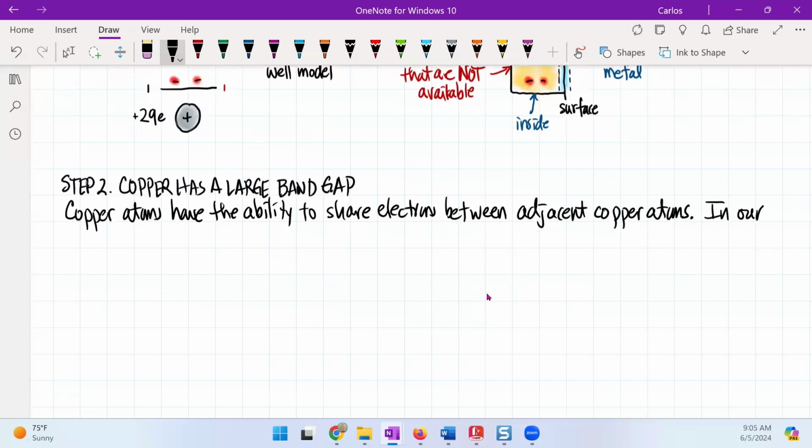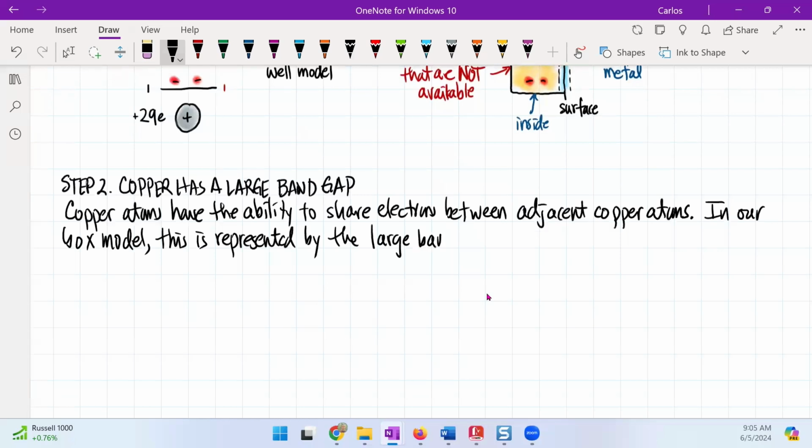In our box model, this is represented by the large band gap.